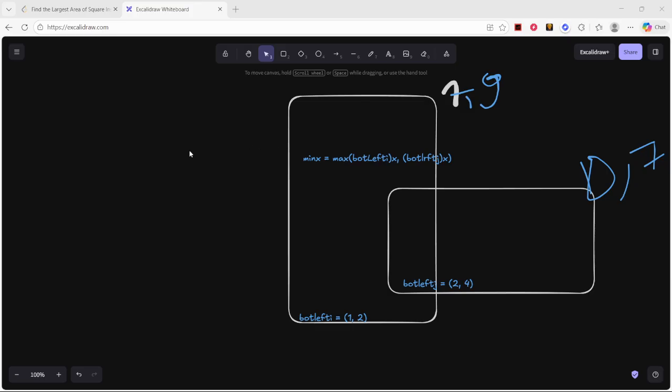Right, so we have to find the length of the smaller dimension of the big rectangle. So in this we have to write min of max x minus min x, comma, max y minus min y.